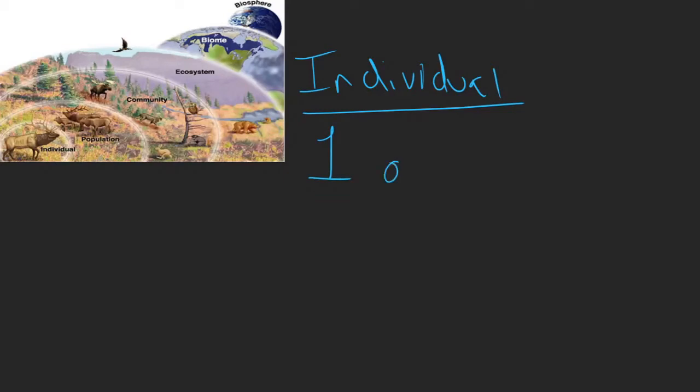Let's talk about an individual first. An individual is exactly what it sounds like. It's one organism, and that organism could be any species. It doesn't matter. It just depends on what we happen to be studying. Why does that matter to you?